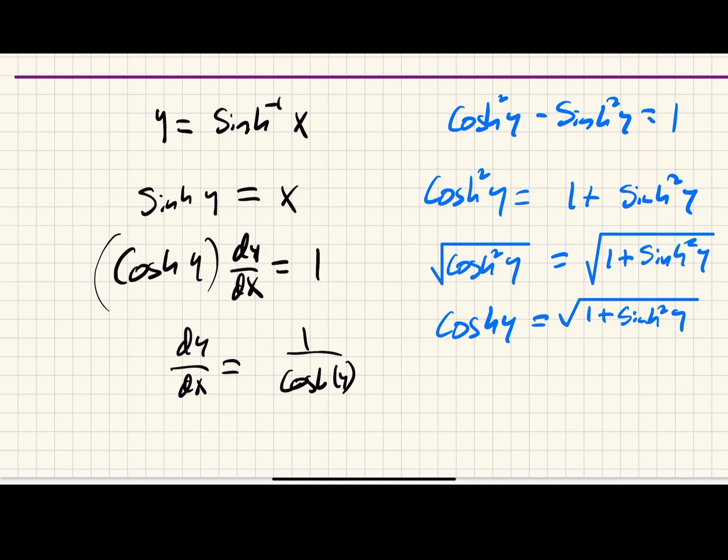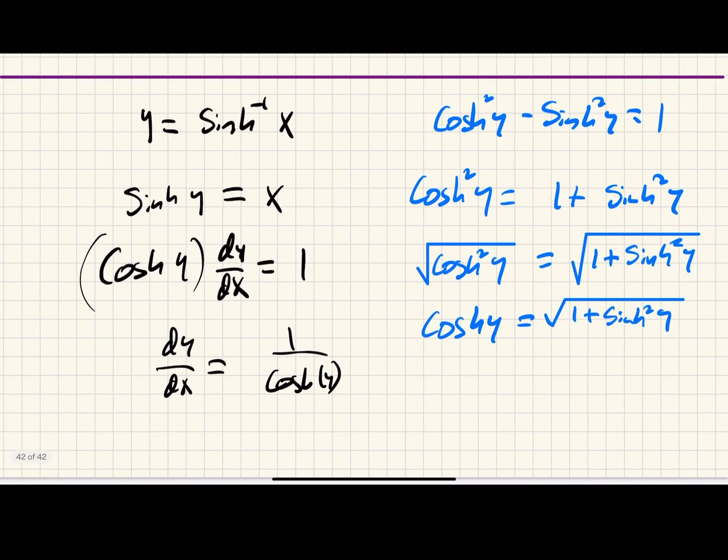Okay, now, wait a second. Look, I got hyperbolic sine square of y. What's that? Is that x squared? Look up here. Hyperbolic sine of y is x. So the square of that is x squared, right?